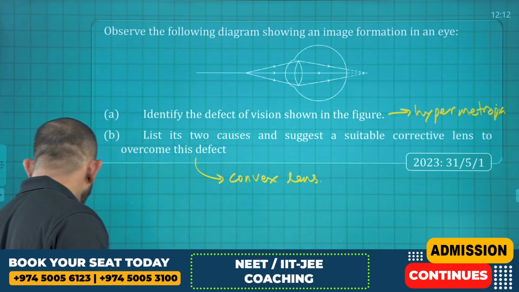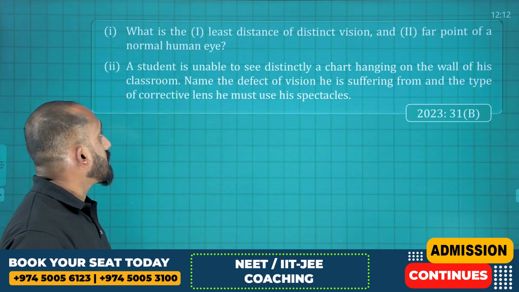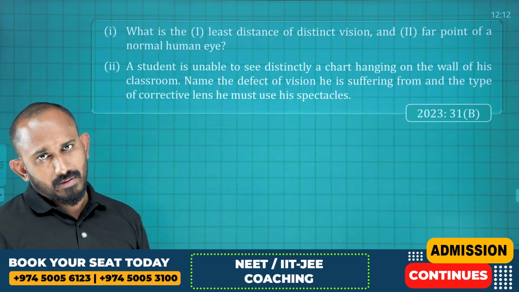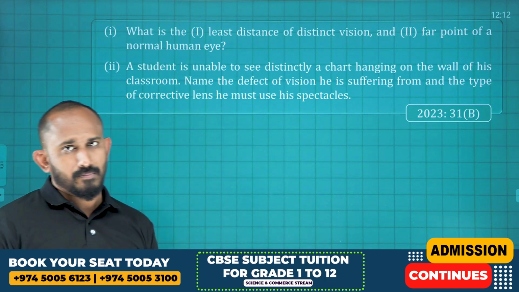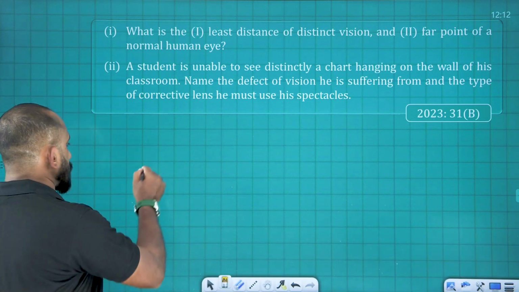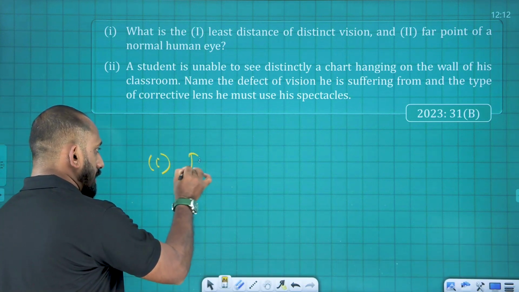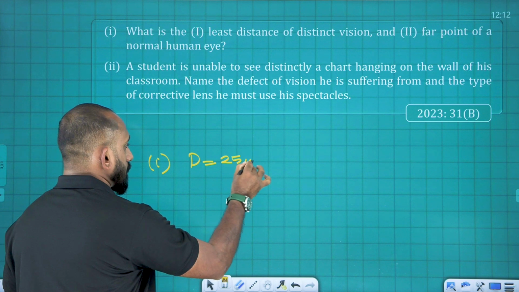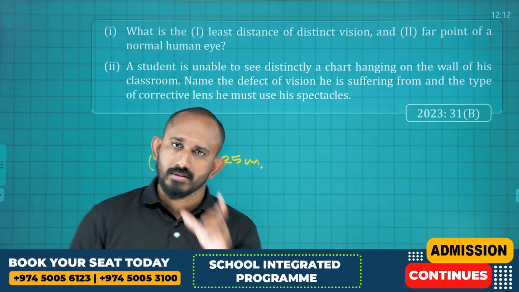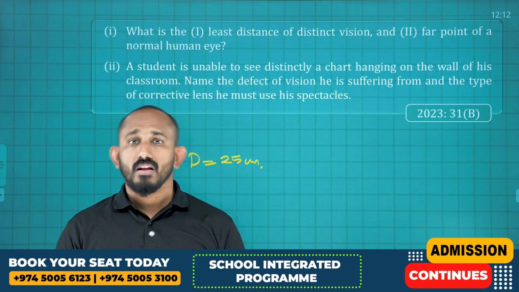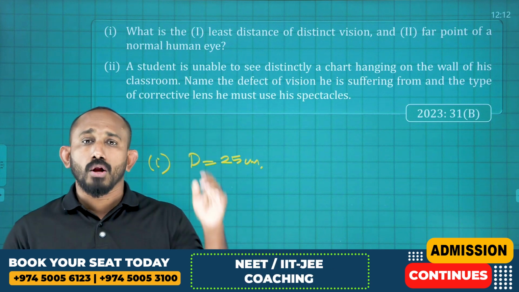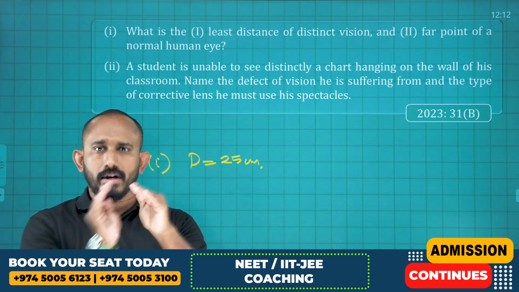Next question, let's see. What is the least distance of distinct vision and far point of a normal human eye? So the least distance of distinct vision we write as D, and that is 25 centimeter. It is the minimum distance at which a normal eye can see objects without strain. Below that, the ciliary muscles can't contract to increase the curvature of the eye lens.